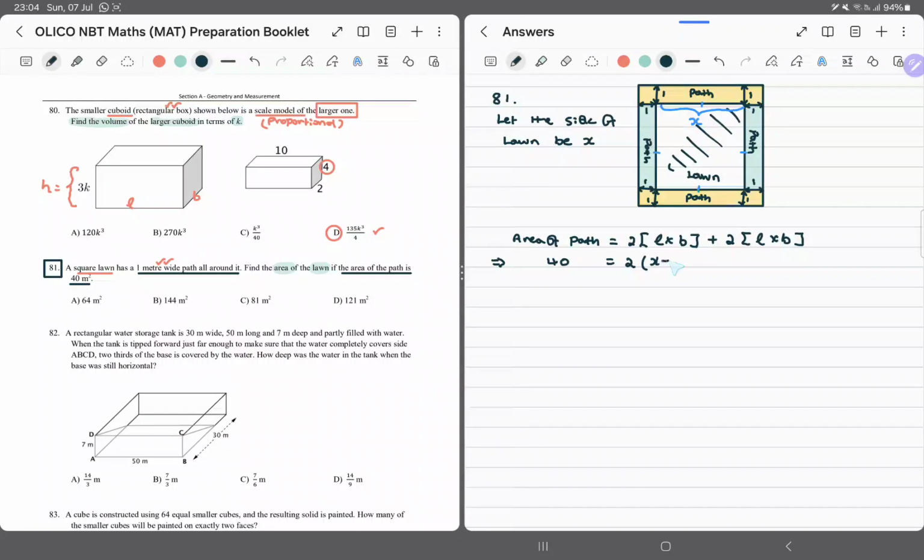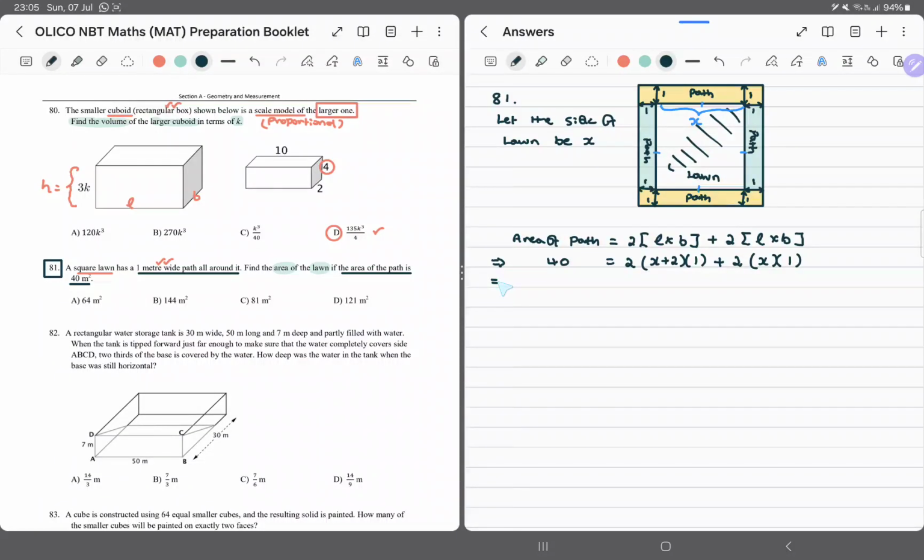So this is basically x plus 2, right, multiplied by 1. Okay, great. Plus, we've got 2 into, the length here is just the length of the square itself, multiplied by the breadth, which is just 1.